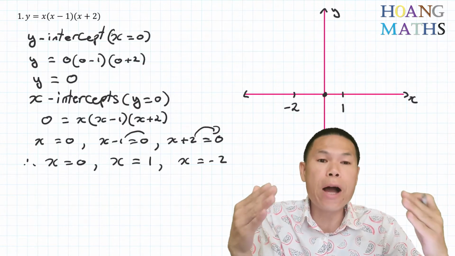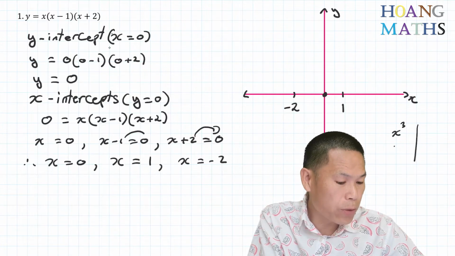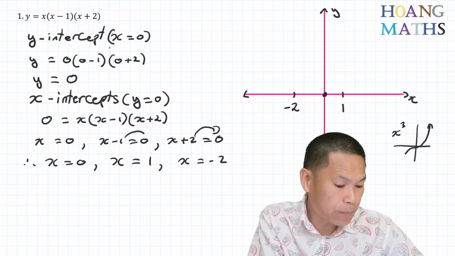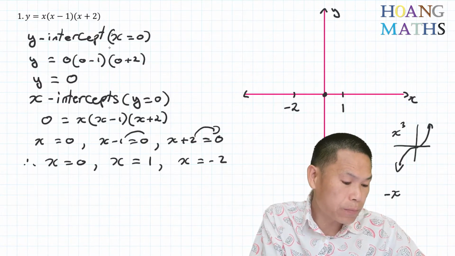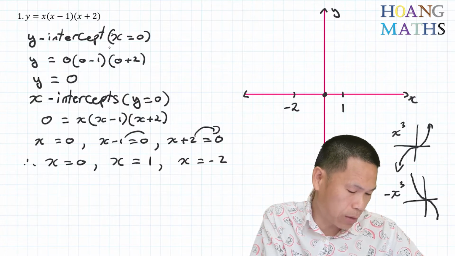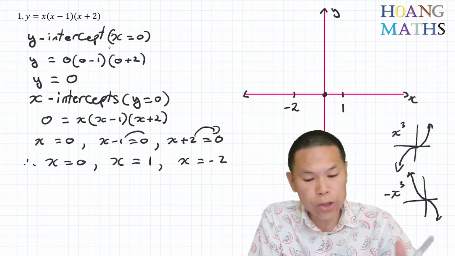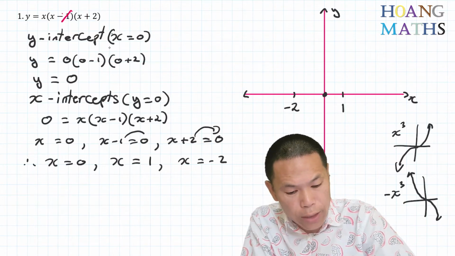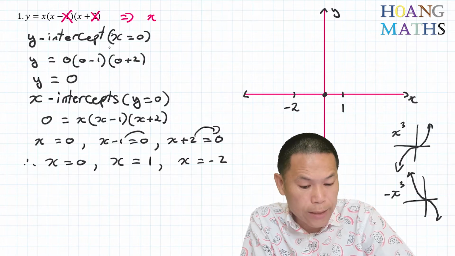To graph y equal to x to the power 3, we know it's like this. And if it's negative x to the power 3, the graph will be like this, okay? So if we ignore the constants, that is, we ignore the negative 1 and 2, this can be x, x, and x.